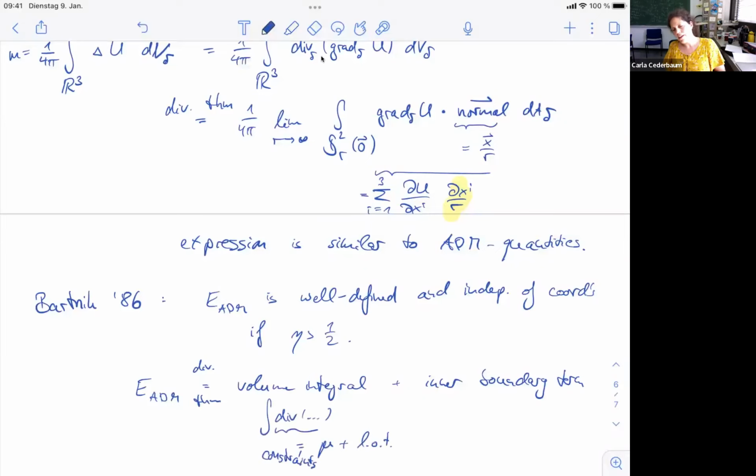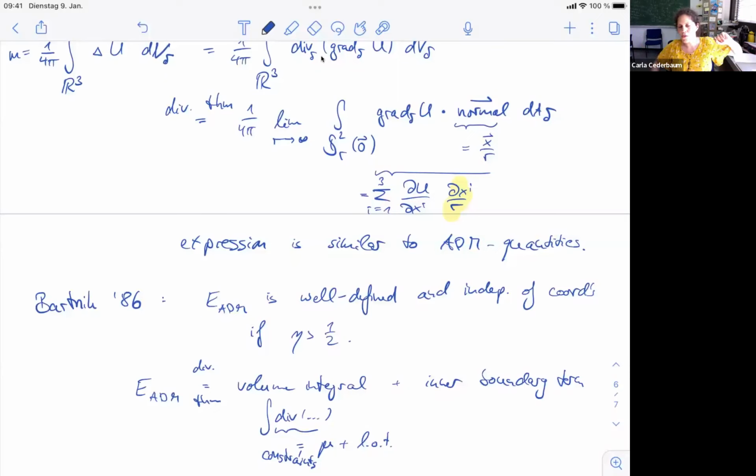And then integrability of the mu tells you that this volume integral over the mu converges, and the lower order terms decay so fast that their volume integral also converges, and the inner boundary term is at an inner boundary, so there's no worry about convergence.